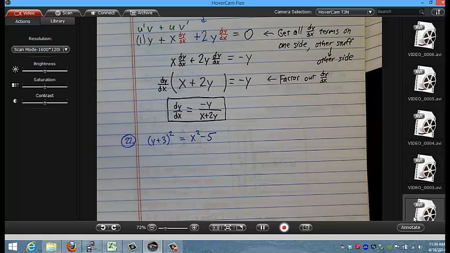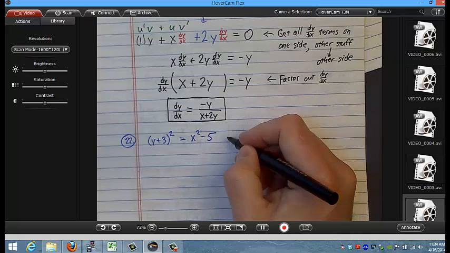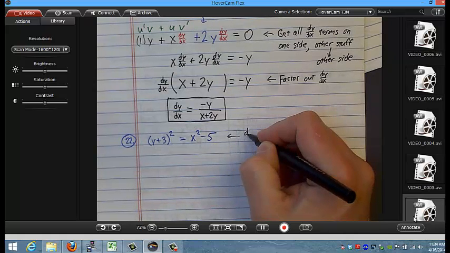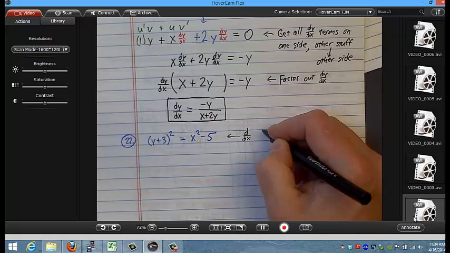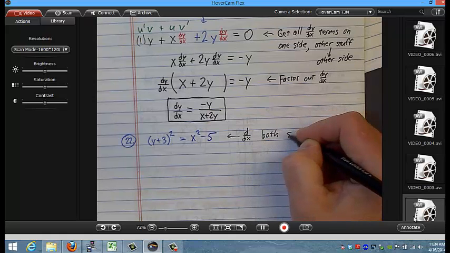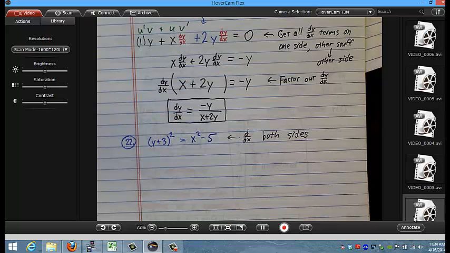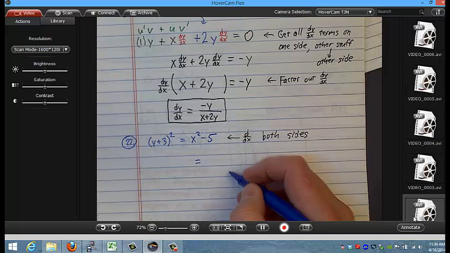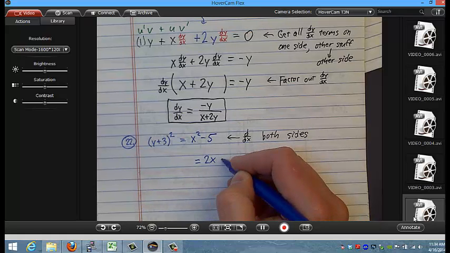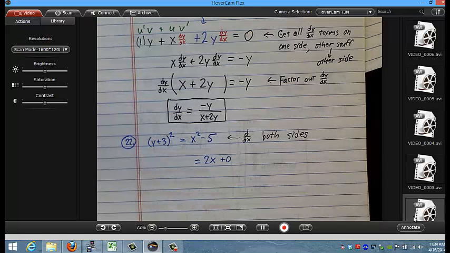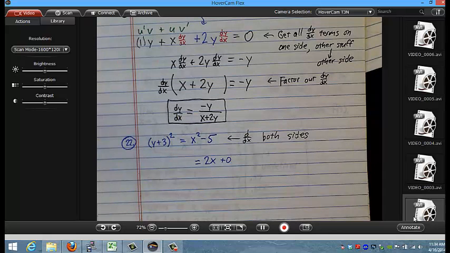What's the first step, guys? d dx of both sides. And again, the right-hand side, that's no problem, right? What's the right-hand side? 2x plus 0, right? Because the derivative of negative 5 is 0. I don't need to write that. It's the left-hand side that can be confusing.